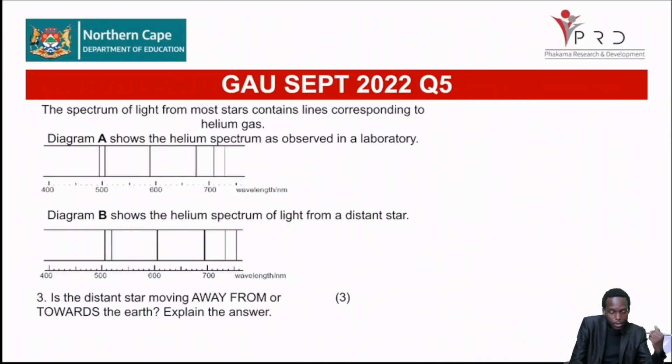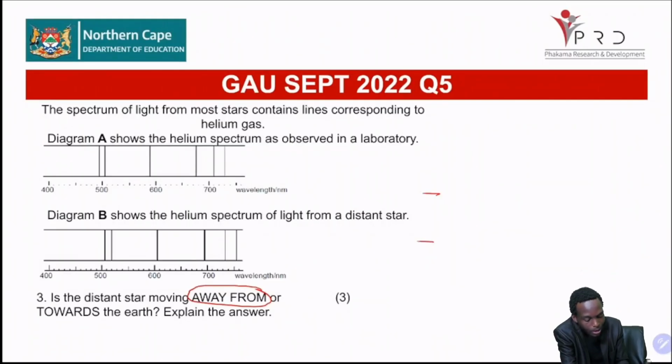Now, when you look at diagram B with reference to diagram A, you can clearly see that diagram B is shifted towards longer wavelengths, right? And when wavelengths are longer, we know that the distant star is now moving away. So the question is saying, is the distant star moving away from or towards the Earth? So the distant star is moving away from the Earth, right?